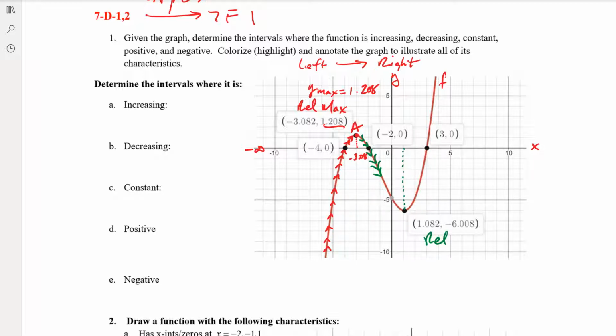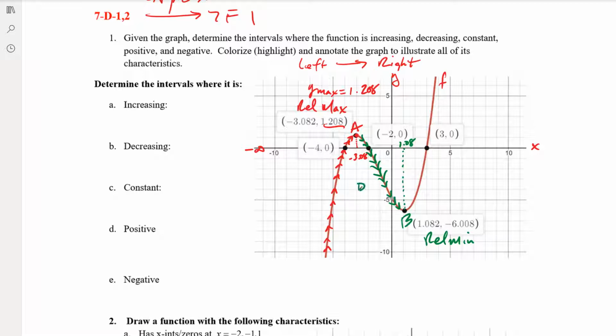This is called a relative min, and it occurs at 1.08. So between these two values, between A and B, we'll call B the relative min, it's decreasing because it's going down, down, down, and then it changes direction and goes back up again.